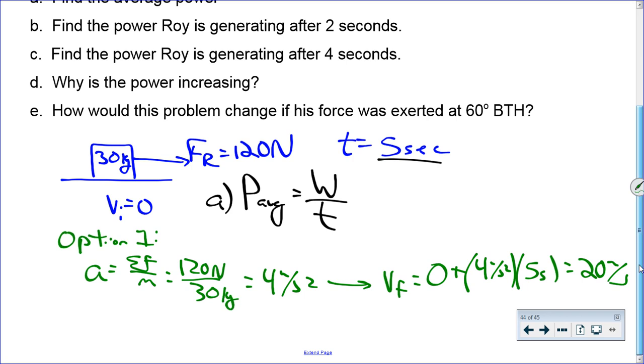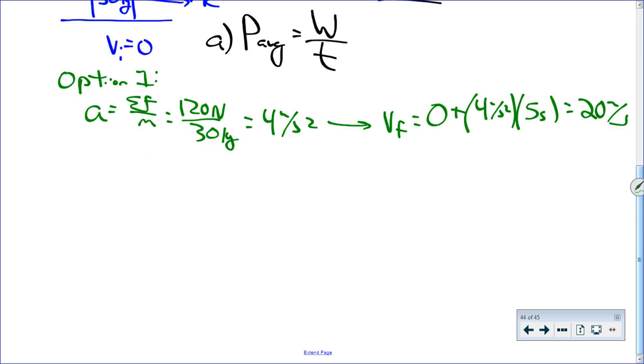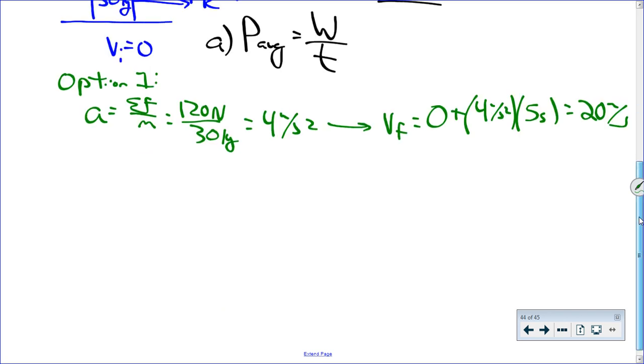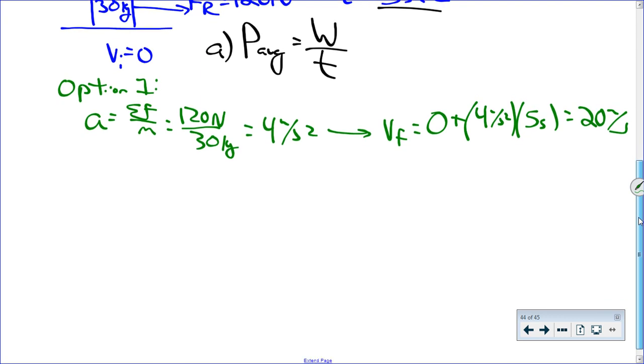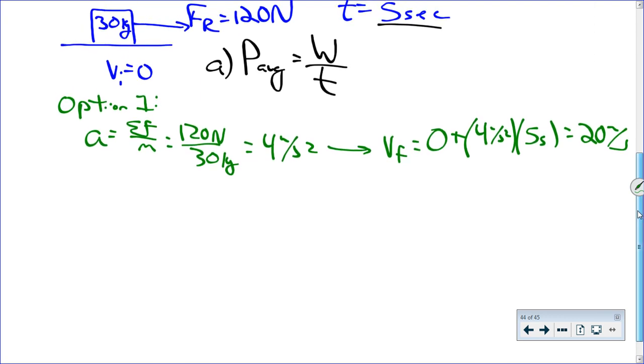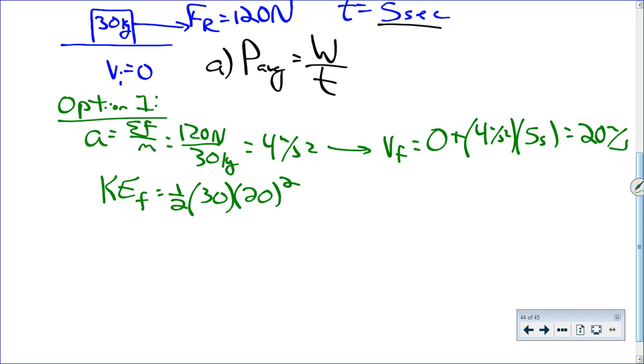Now I can find my kinetic energy. Our final kinetic energy is half of the mass times the velocity squared. So 20 squared is 400, times 15 is 6,000 joules.